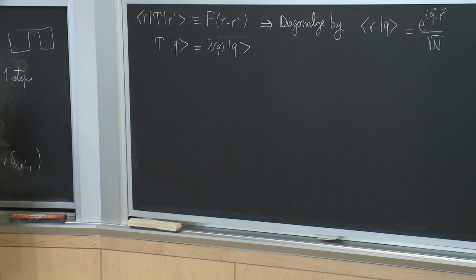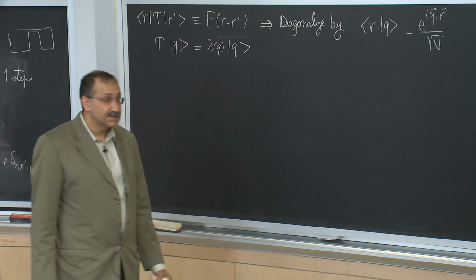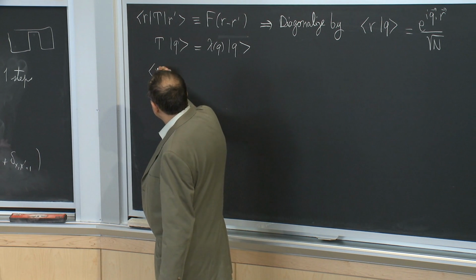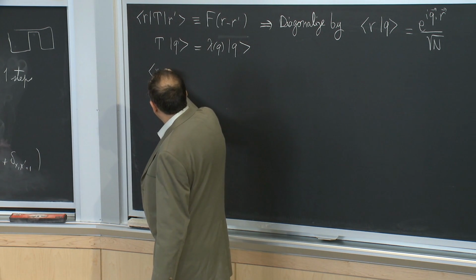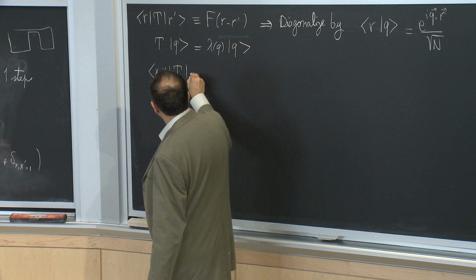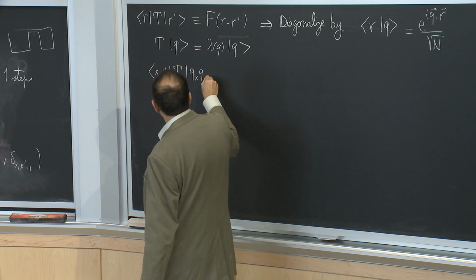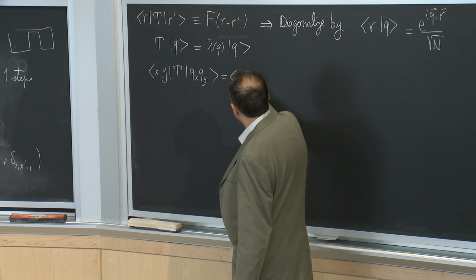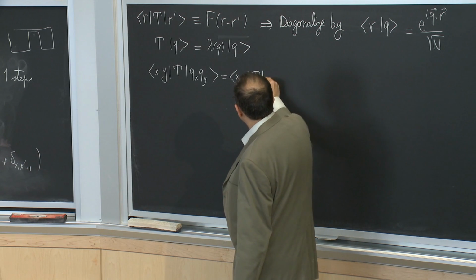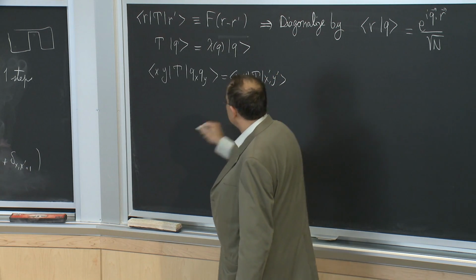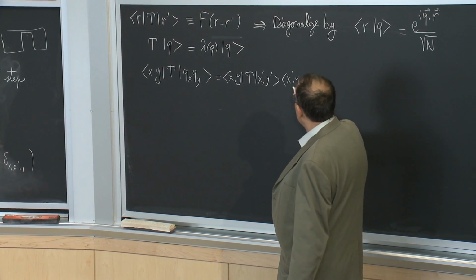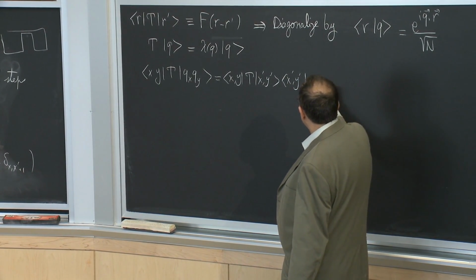And let's check that for the case of the 2D system. So for the 2D system, if I say that x, y, T, qx, qy, what is it? Well, that is x, y, T, x prime, y prime, the entity that I have calculated here, x prime, y prime, qx, qy.